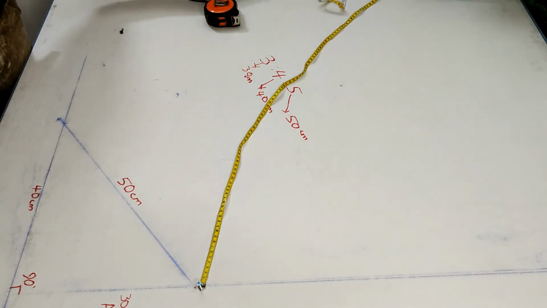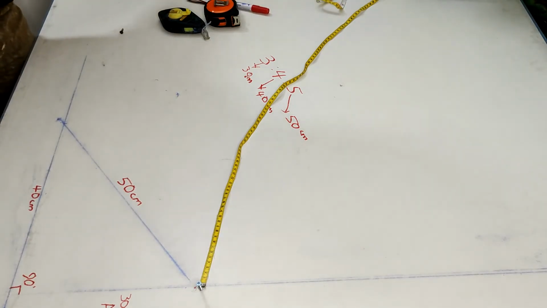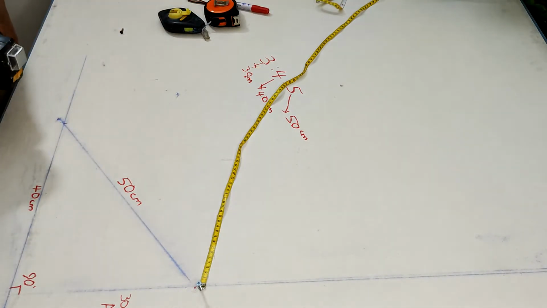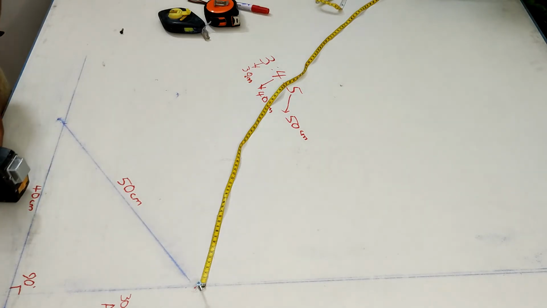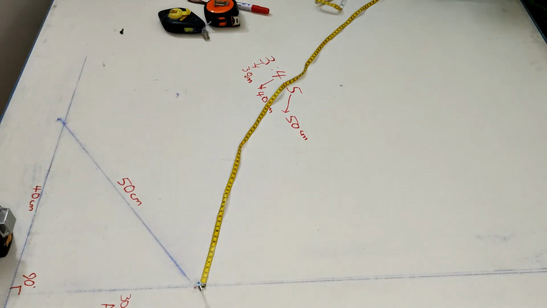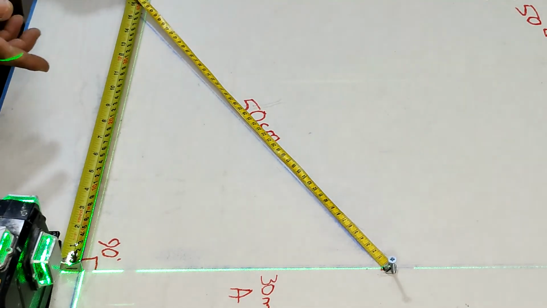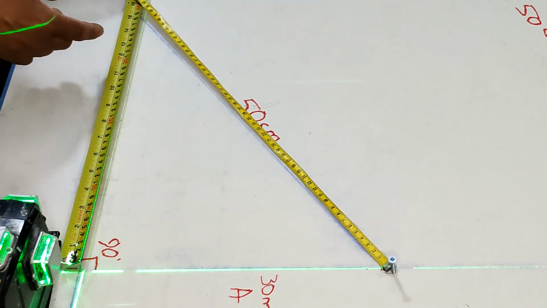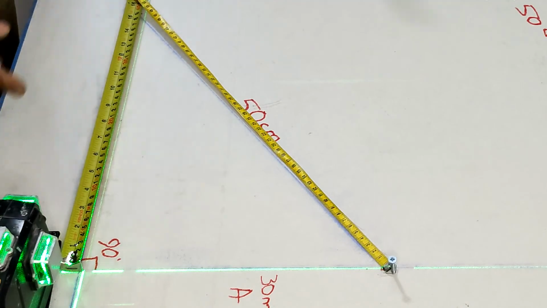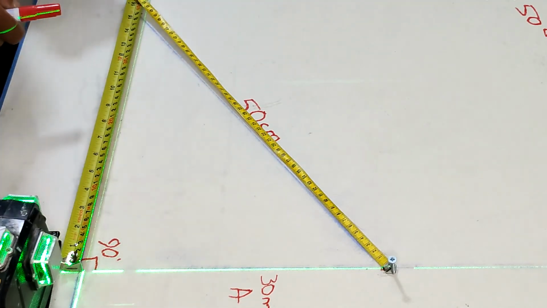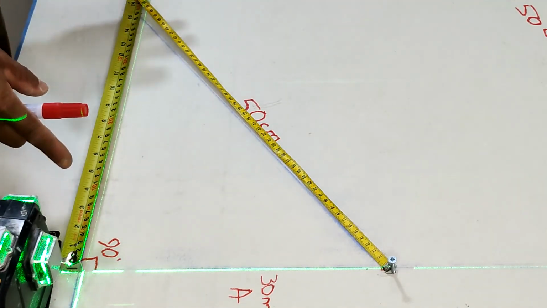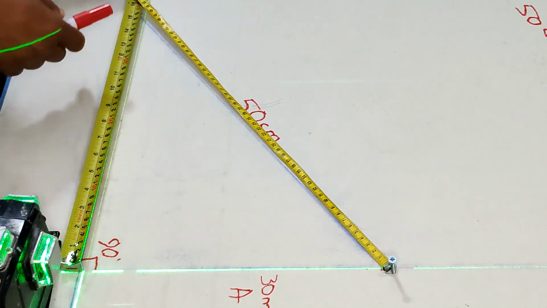We want to use laser to confirm it. You can now see that the laser is also confirming that this is a perfect angle 90.